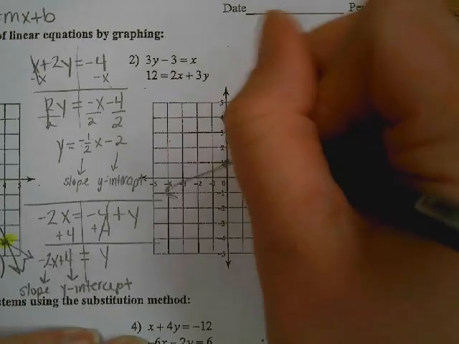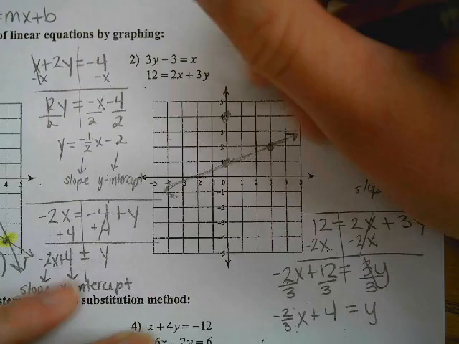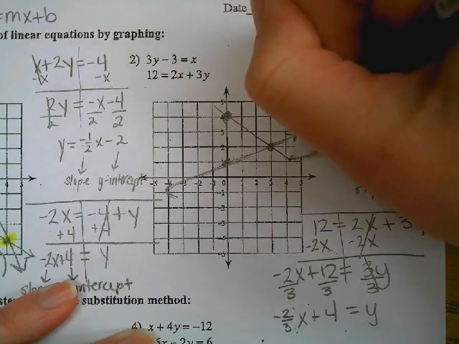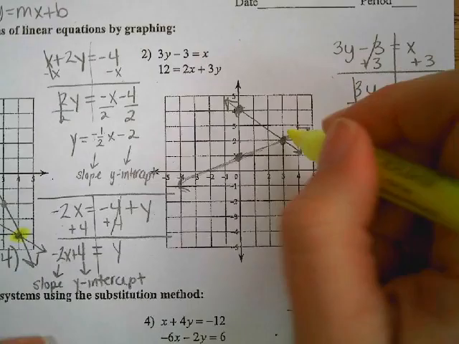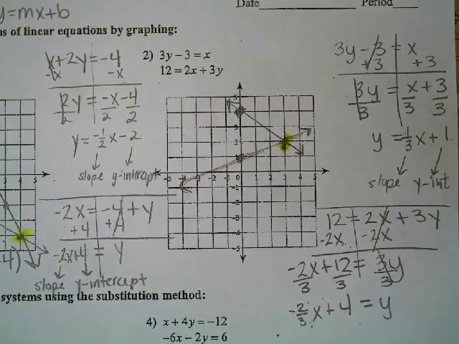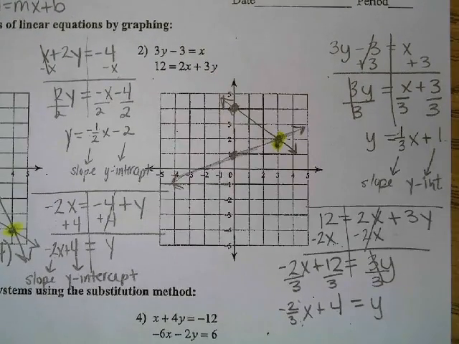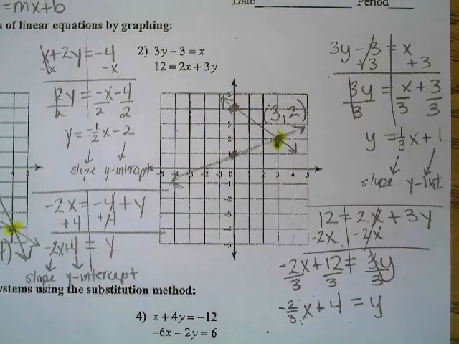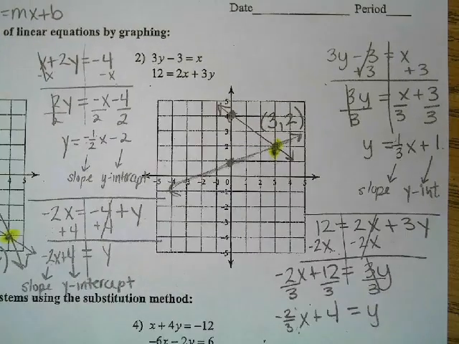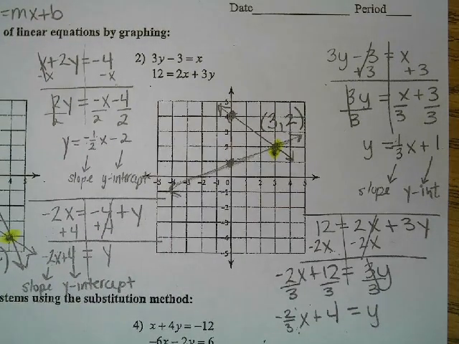So starting at 4, go down 2 over 3, and you'll see that these lines intersect at 3, 2. So that is your answer for number 2. They intersect at x equals 3, y equals 2. So that's how you solve systems using the graphing method.